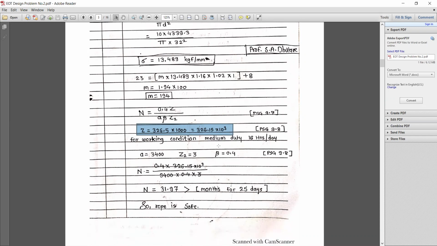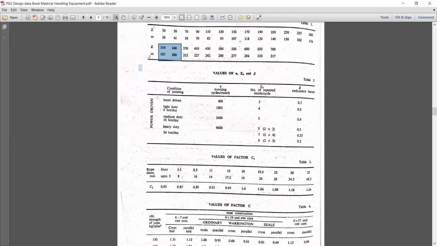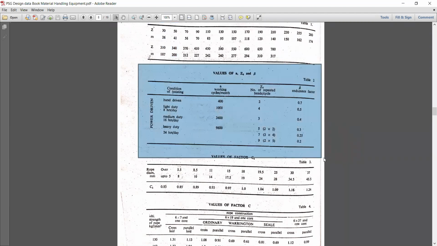Based on the working condition and medium duty, we have selected working hours per day as 16 hours. So based on this condition, referring to page number 9.8, refer to table number 2 to calculate the values of a, z1 and beta.